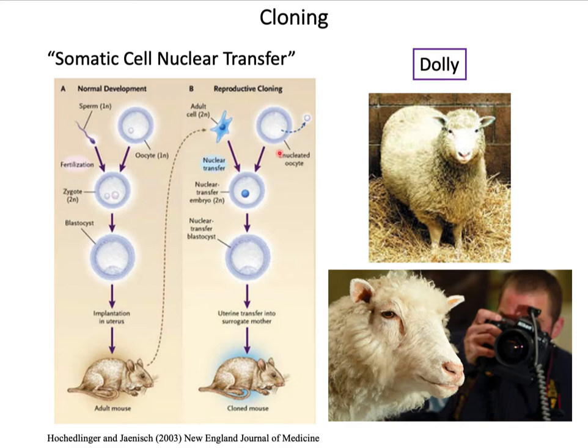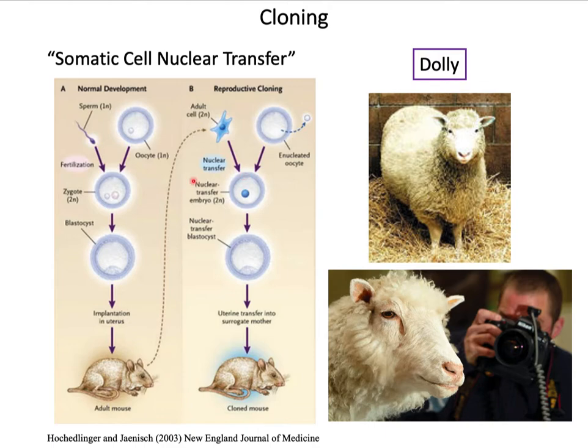To do this, you take an egg cell and you remove the nucleus, or you enucleate that cell. So now you have an egg cell that does not have the nucleus. And then you take a donor cell and you remove the nucleus from that adult cell and insert it into the egg. Remember, normally the egg only has half the amount of genetic material.